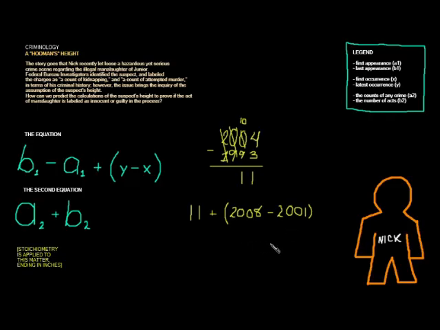So 2008 minus 2001 is obviously going to give you 7, since 2008 is 7 years ahead of 2001, or it could flip-flop, if you've read those history books. That's going to give you 7 regardless of what you say.